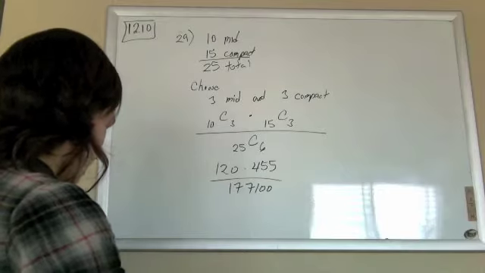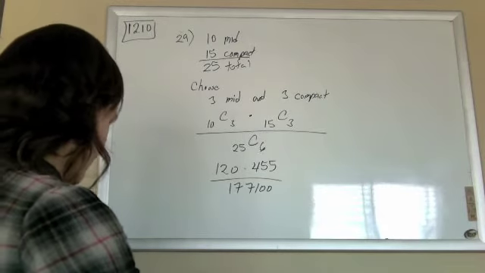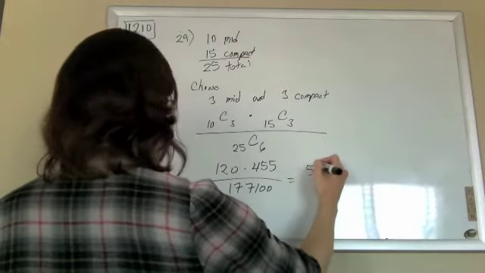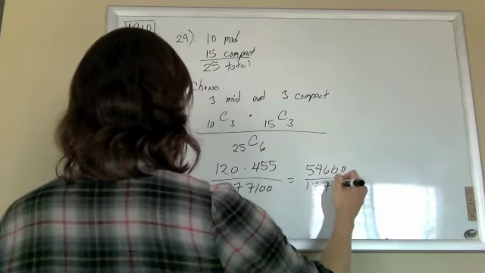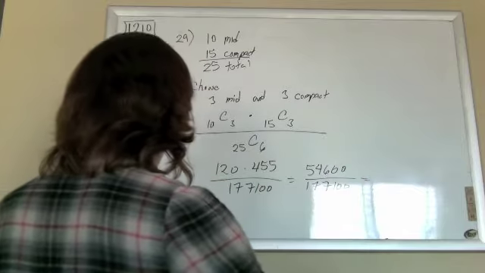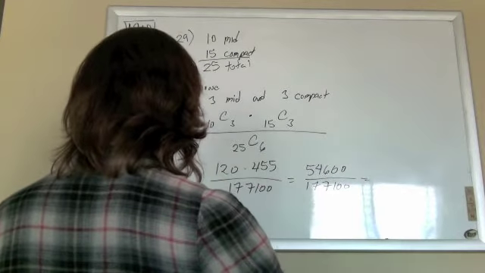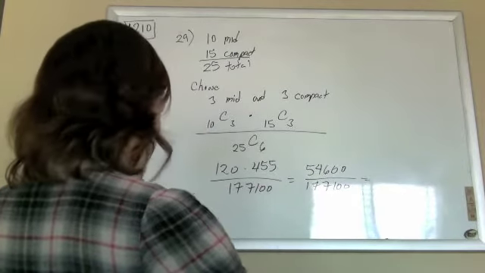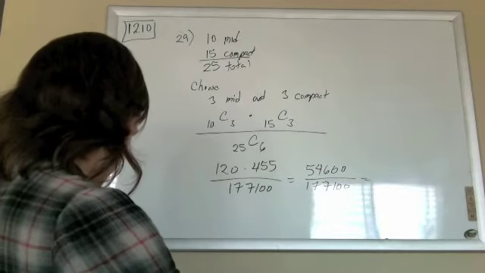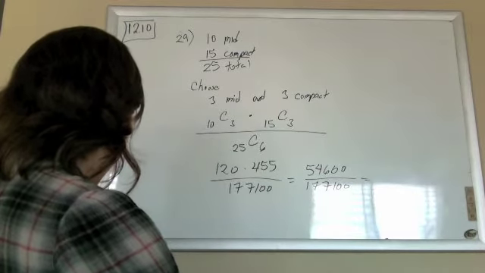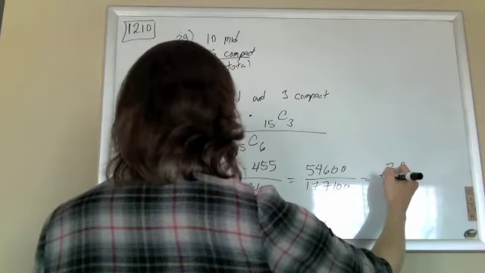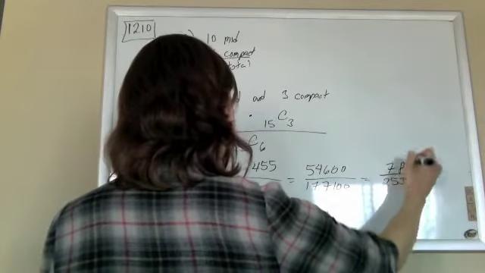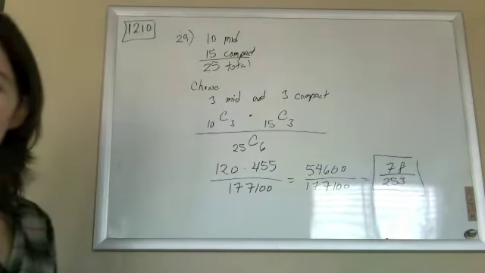So if I do 120 times 455, I get 54600 divided by 177100. And if you simplify that fraction, you get 78 over 253. That should be good.